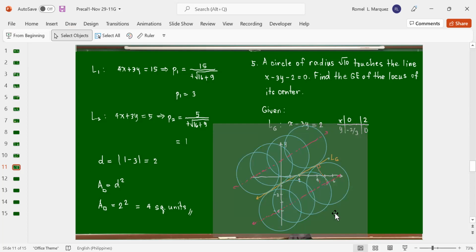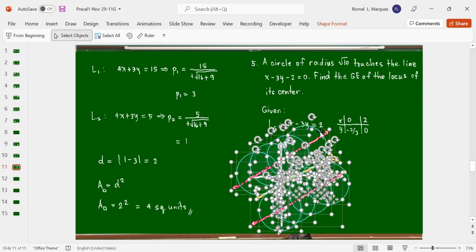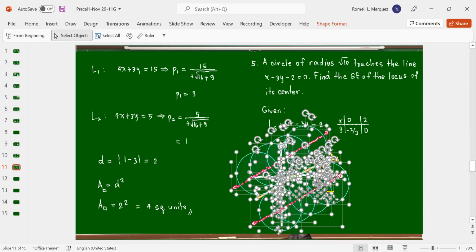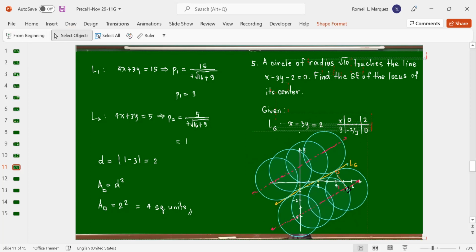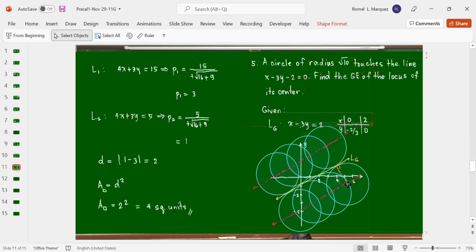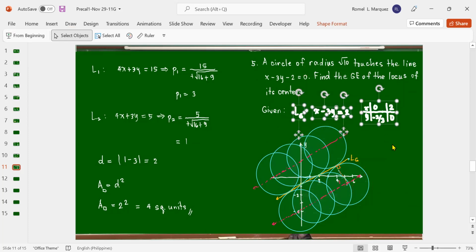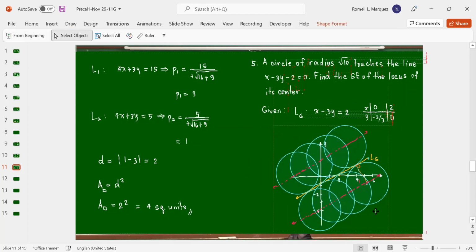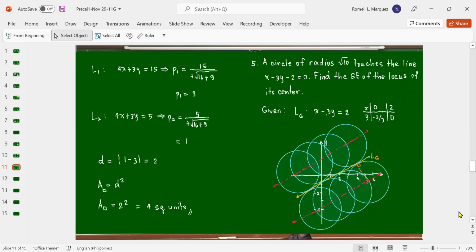But first, let me move this. Okay. So how far is the red from the yellow?